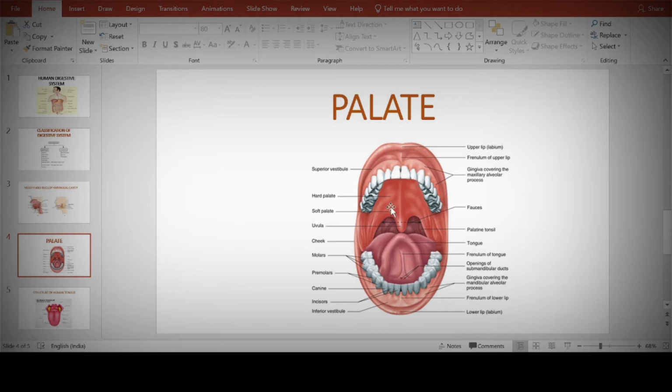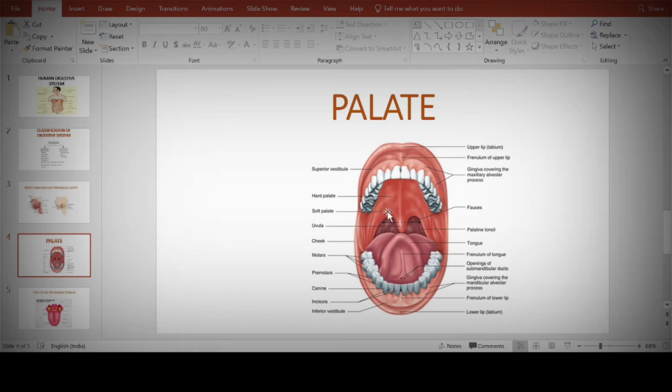Okay, one thing you need to remember about the hard palate, which can come again in the context of NEET, is that it is made up of nothing but the maxilla and the palatine bone in humans.